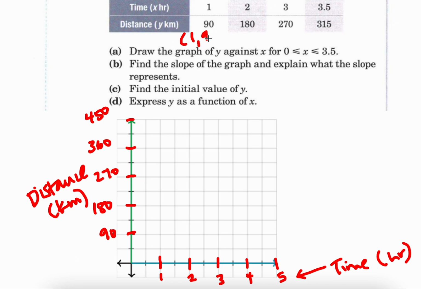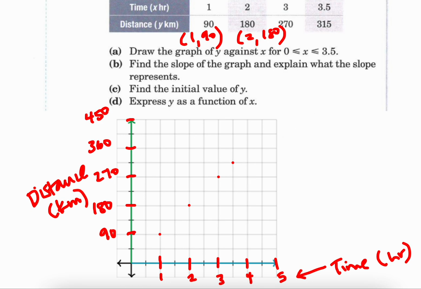All right, then we just need a graph. So this is 1 and 90, 2 and 180, and so on. For 1 and 90, I have a dot right there. 2 and 180, dot right here. 3 and 270, dot right there. The next one is 3.5, so that's between 3 and 4, and 315, which is also halfway there.